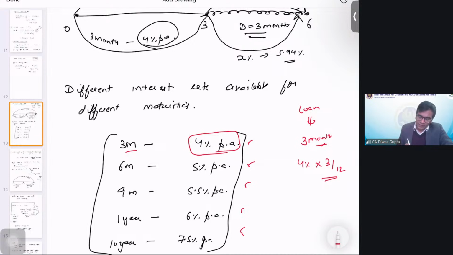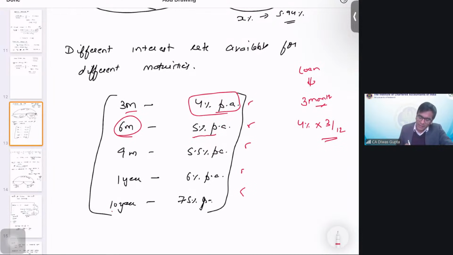Similarly, if the duration is 6 months, the loan will continue for 6 months from now, and the interest rate might be higher. Similarly, for 9 months it might be slightly higher again. For 1 year, let's say it is 6% per annum, and then for 10 years it becomes 7.5% per annum.